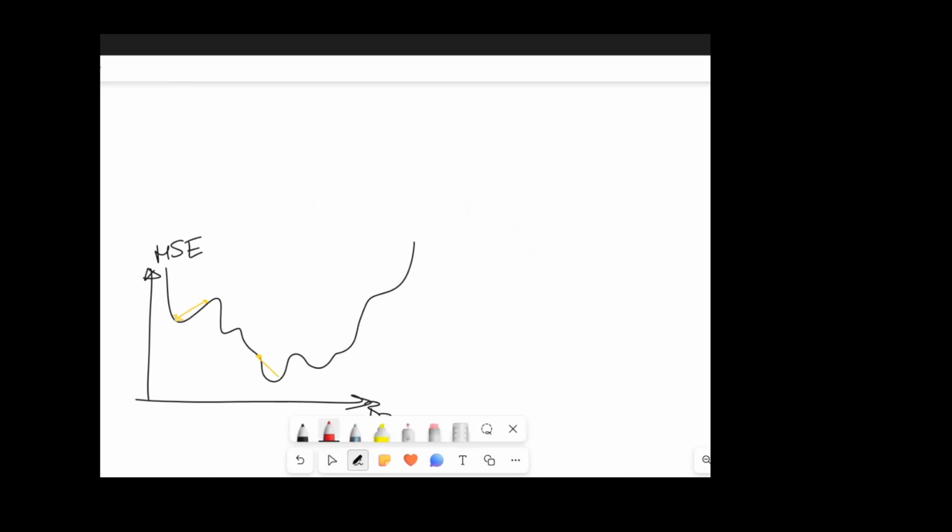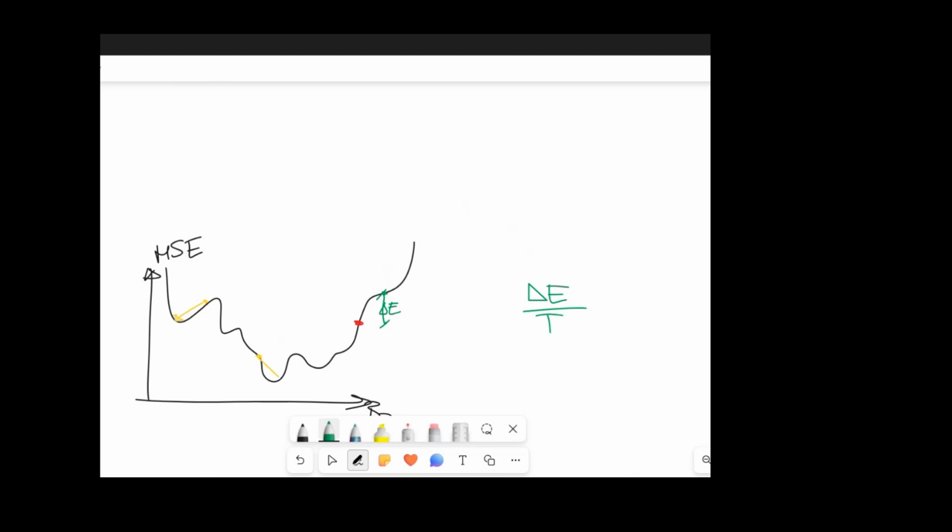We have a couple of points. We have this point, and this is the new suggestion. The new suggestion is here. It is worse, so there is a delta error.